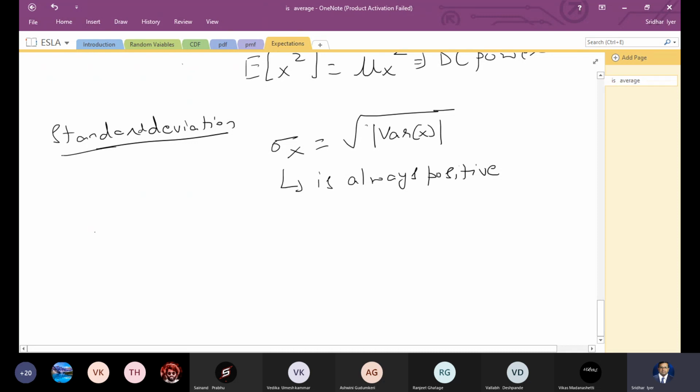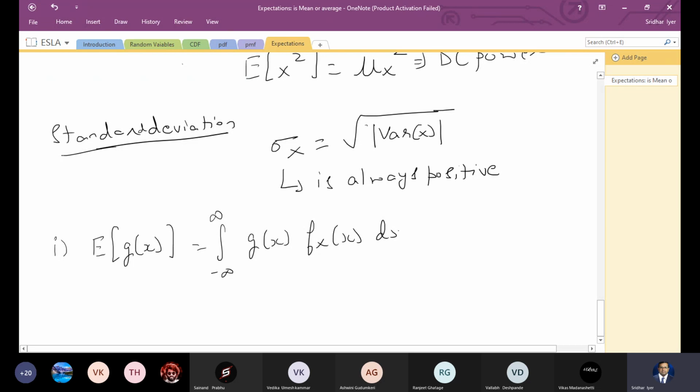A few important concepts or properties will be useful for us, and we'll encounter them during the numericals as well. First, if you have E of a function, E of g of x, then it is simply the integral from negative to plus infinity of g of x f x of x dx, right?